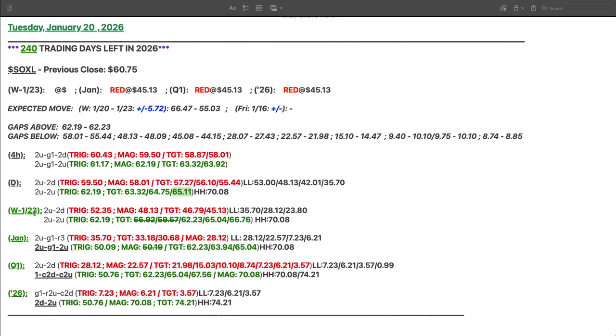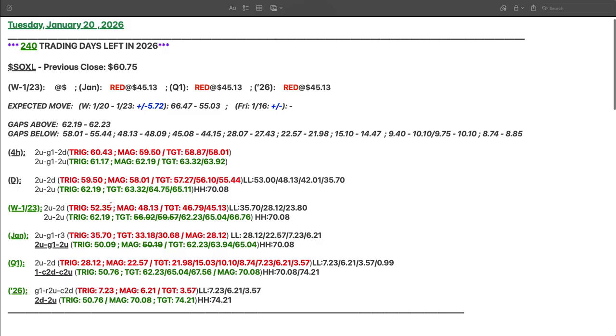We'll stay with the notes here. We've done enough charts on the week for the week of January 23rd. If we go to the downside, that would trigger a 2 up, 2 down at 52.35. Now the magnitude for that move is pretty decent at 48.13. Right, that would drive us below, obviously, the market maker's expected move low if we do trigger that.